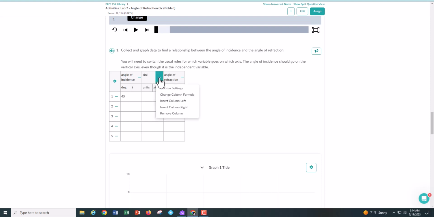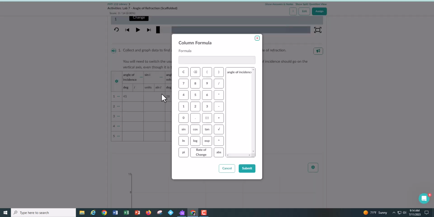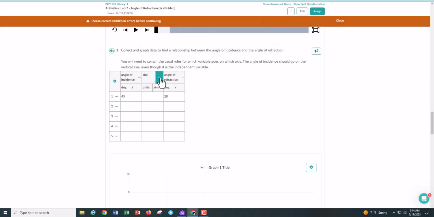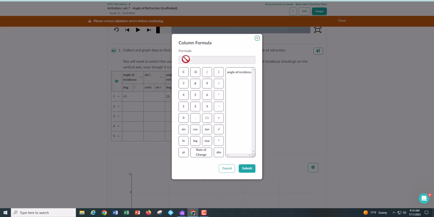And I'm going to click on the 3 dots, and change the formula, and put sine of the angle of incidence. Submit. So it tells me the formula is not valid, so I need to actually change that to be equal, sine of I in parentheses.